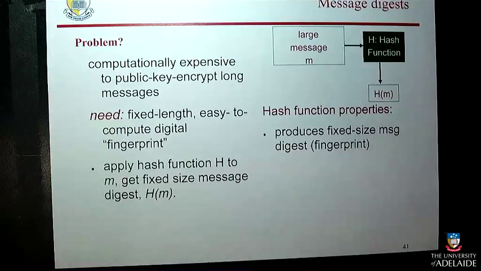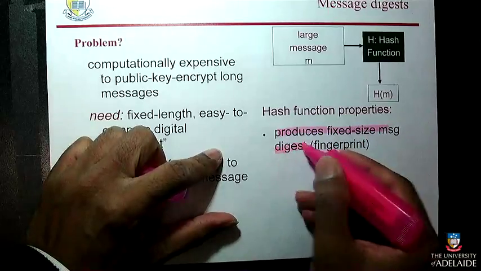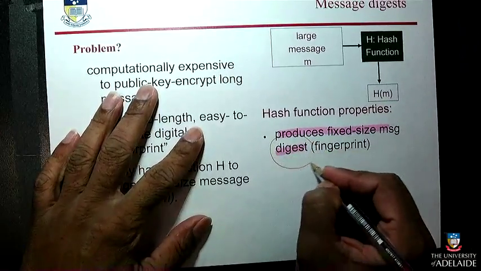You've heard of a hash because you may have done hash maps in data structures and algorithms, right? Order one lookup. Same idea. What we want to do is shrink this message to produce a fixed size message. It's called a message digest. So you want to get a digest of the message.